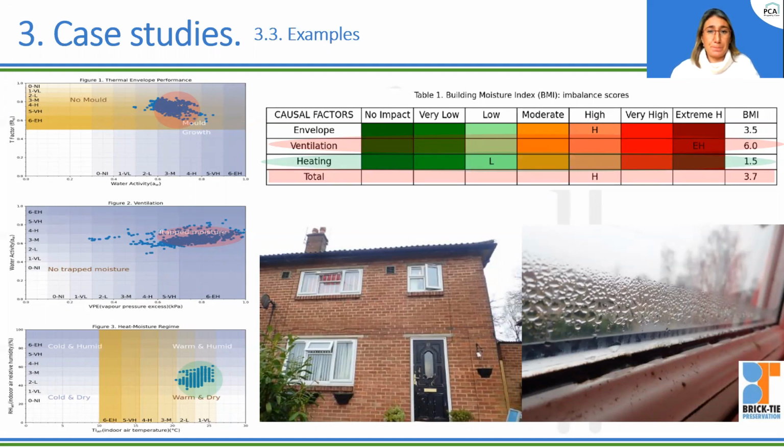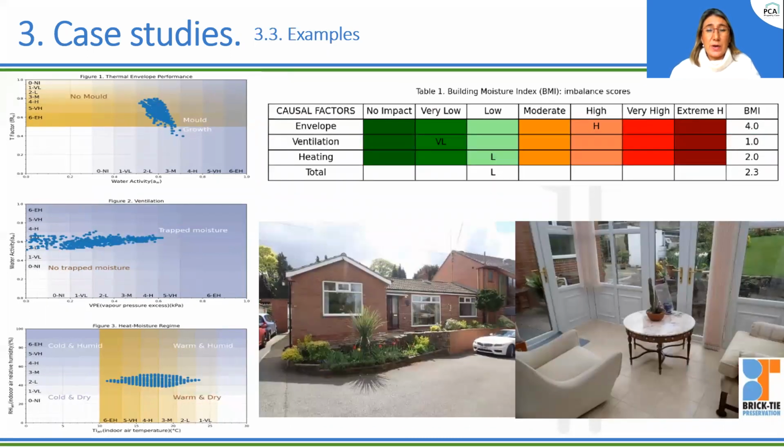in this property. In this other one, even though we have a problem with the envelope, so there is risk of having surface condensation with this envelope, the surface of this is dry, so the water activity values are low, and this is because the ventilation and the heating are adequate.